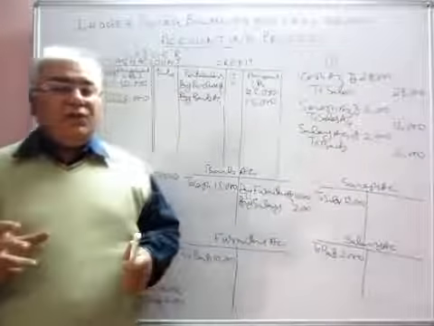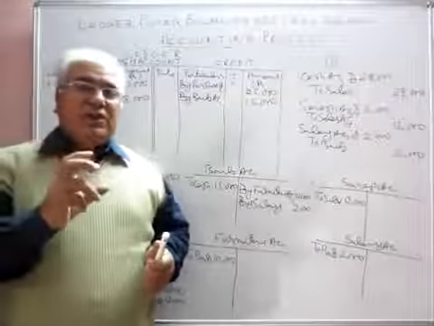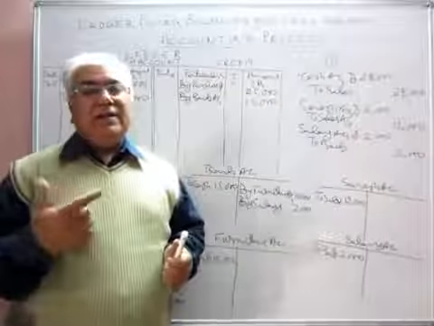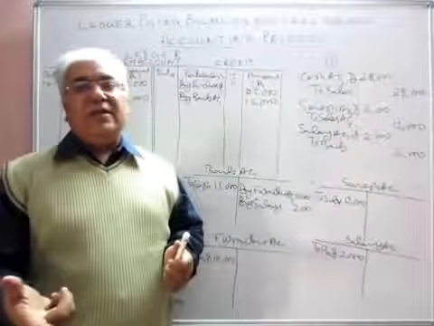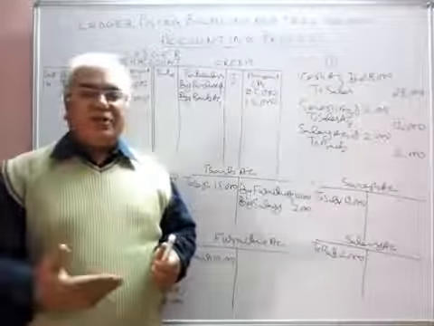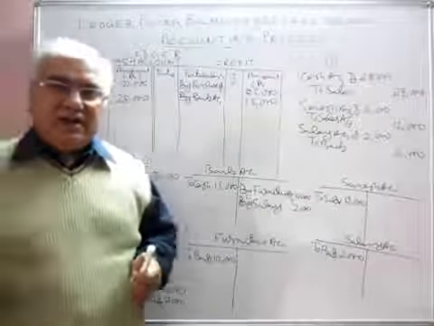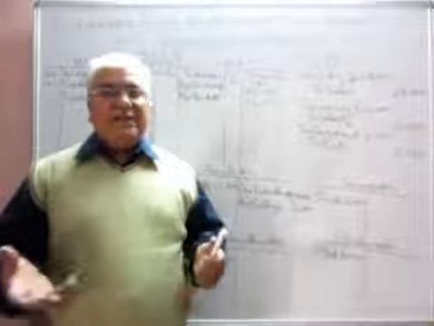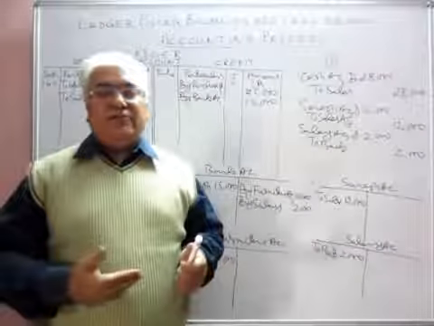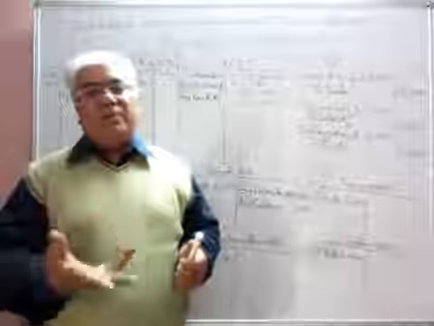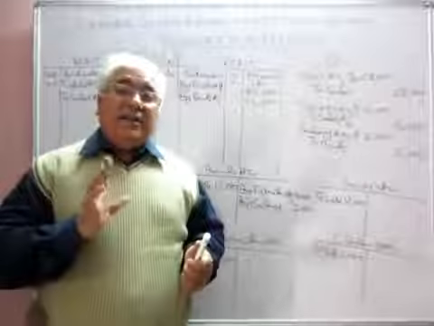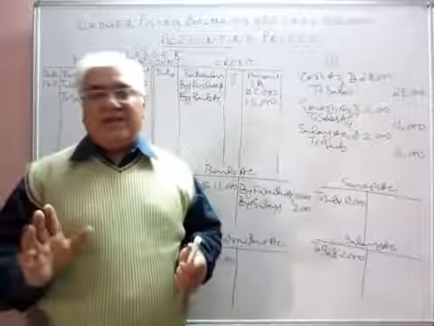Okay, and if you look at it, mostly personal accounts and real accounts have both sides, because for example, if we buy machinery it is debited, and if we sell machinery, it is credited. Similarly, our debtors and creditors both have which sides? Debit side as well as amounts on the credit side. Hence, real accounts and personal accounts are balanced.